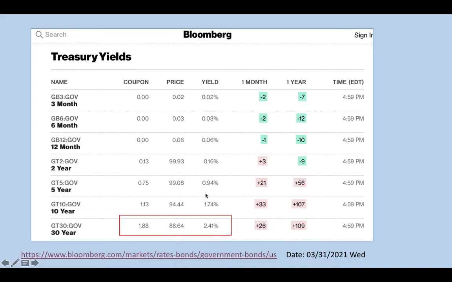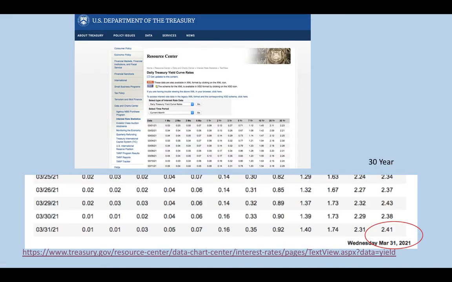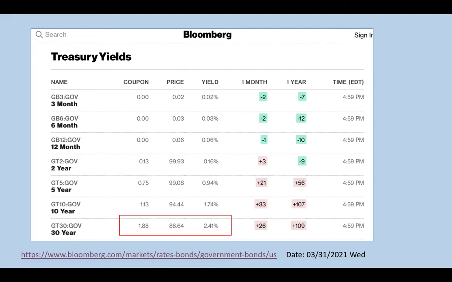If you go on the Bloomberg website, which I will also link in the description, they also quote 30-year government bonds. You can see the yield is exactly the same, 2.41%.